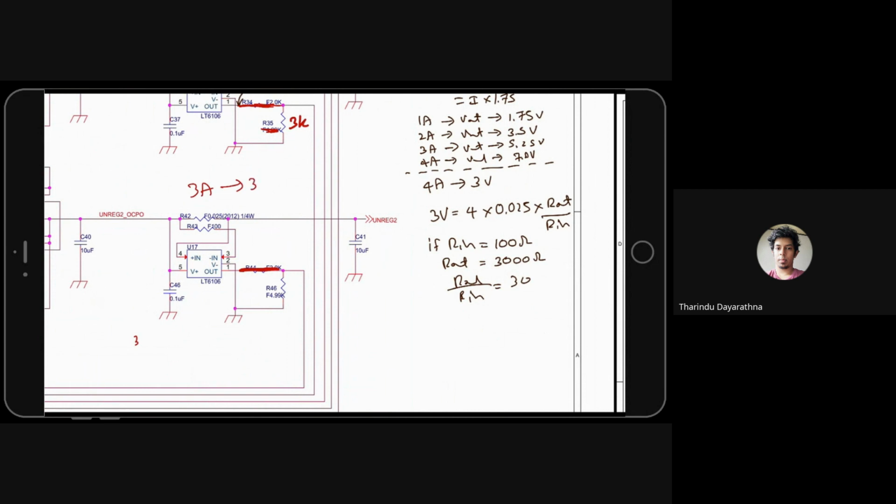So the same kind of case. 3 volt, 3, 0.025, R out divided by R in. So this is 40. So here you need to put a 4K resistor. Okay, understand?